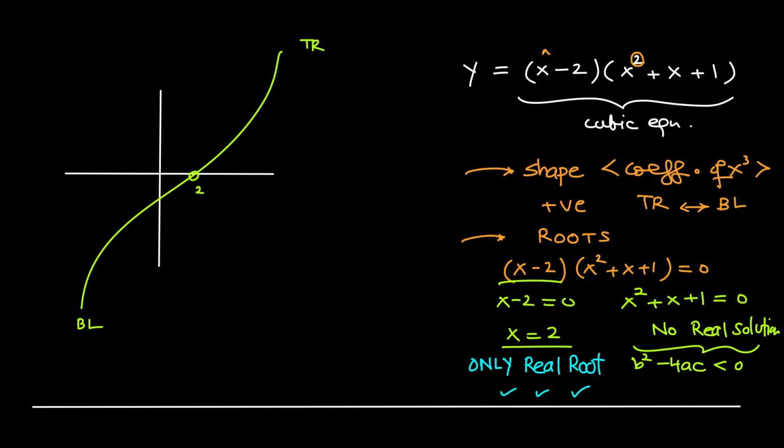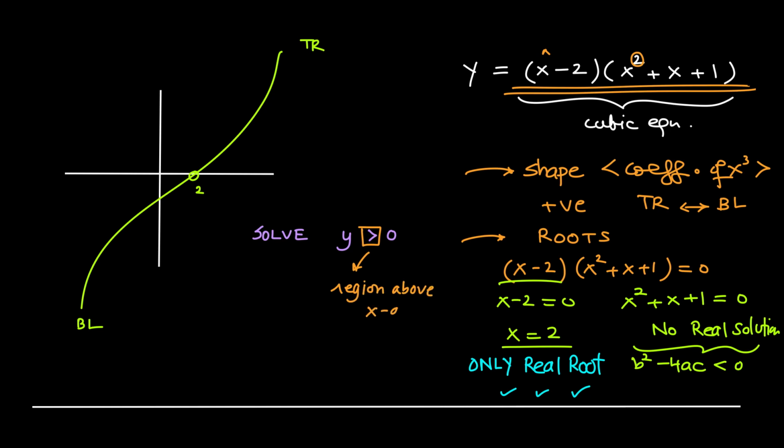Now the focus is solving the inequality. So let me write down the inequality. Solve y is greater than 0, where y is this cubic equation. Greater than 0 means the region above the x-axis.